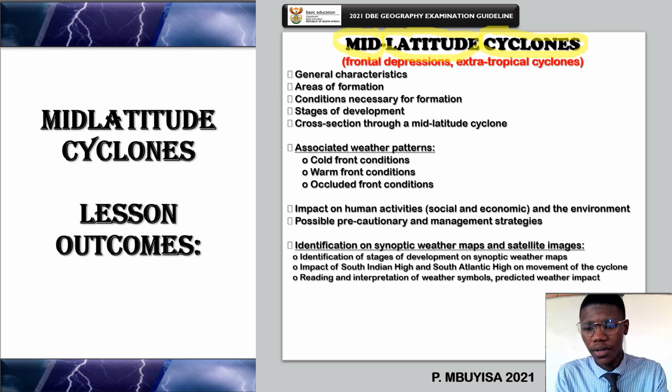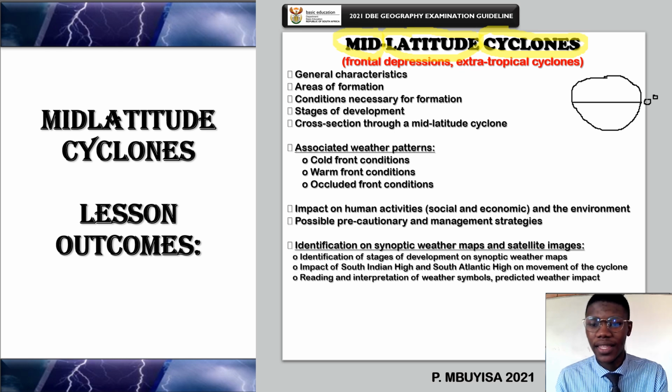And we'll briefly look at what are mid latitudes and what we look at when we're thinking about mid latitude. So I'm going to do a brief, smaller diagram here, showing us our global air system. So we have the line there, which is 0 degrees, being the equator.